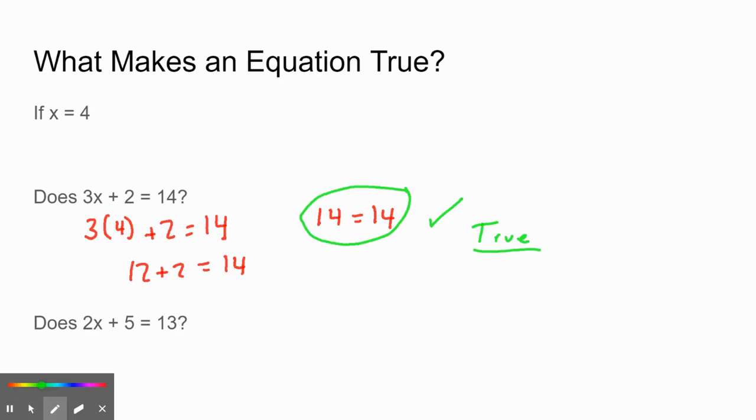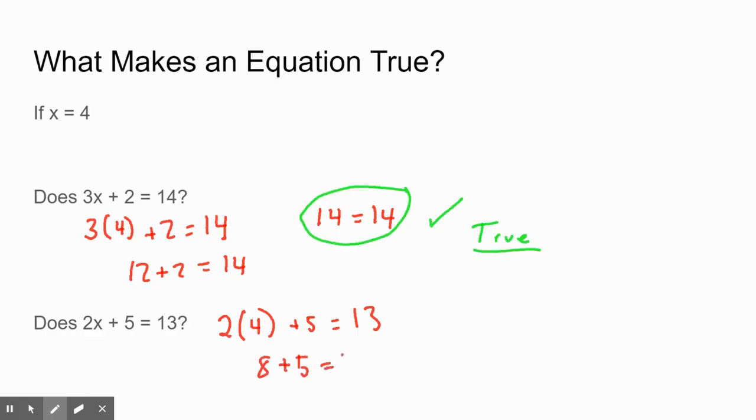Now, let's check the next one. Does 2x plus 5 equal 13? Again, we said that x was 4, so we're going to do the same thing. We're going to substitute x with the 4. Rewrite the rest of our expression. 2 times 4 is 8.